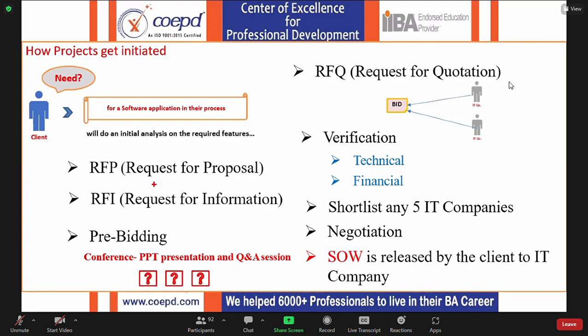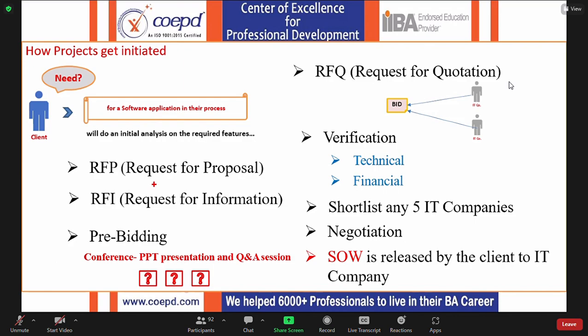BA is not included. BA will be included by way of facilitation, meaning we have to take it forward. When bidding is won by any company, then BA is involved. Suppose you are a senior BA and you have enough knowledge of this particular domain.